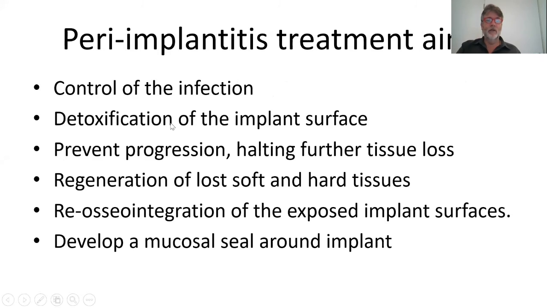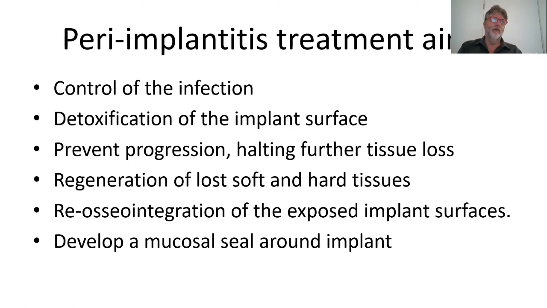You may have to detoxify the surface of the implant, and I find the best thing to use here is bleach. What I would use is the bleach that people use for root canal therapies. You put that on a pledget of cotton wool and rub it around the surface of the implant.